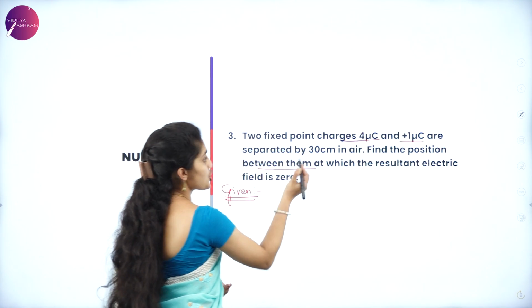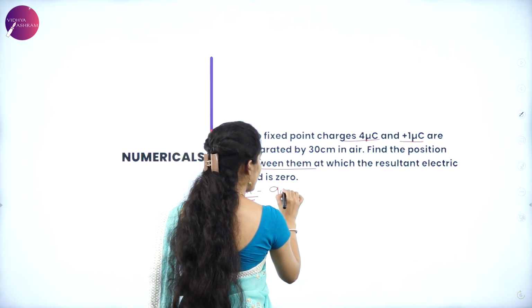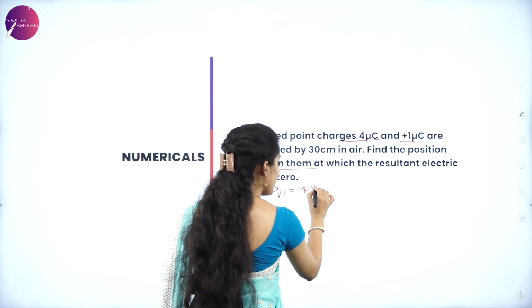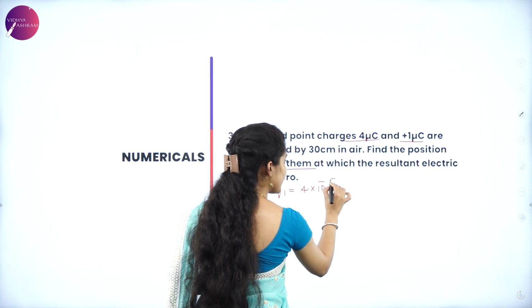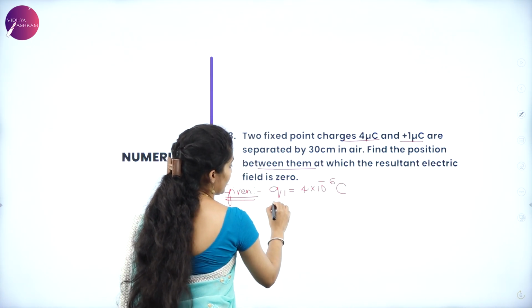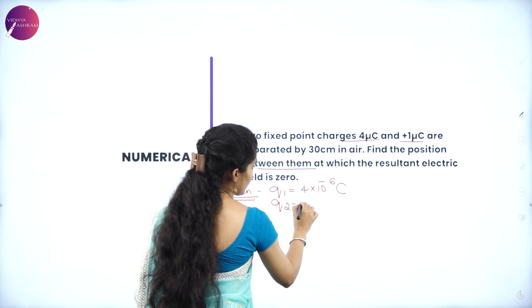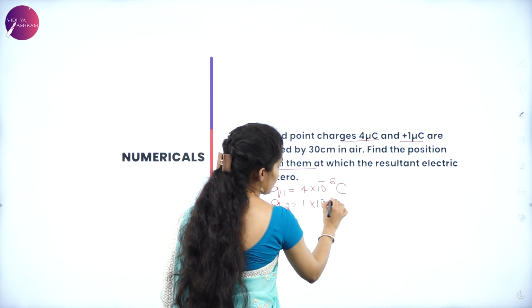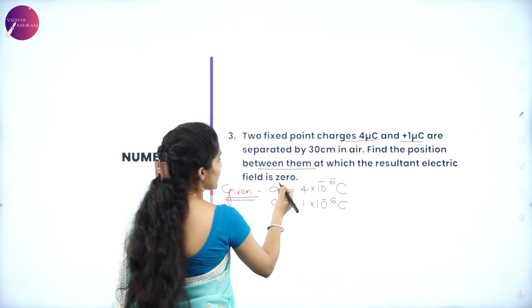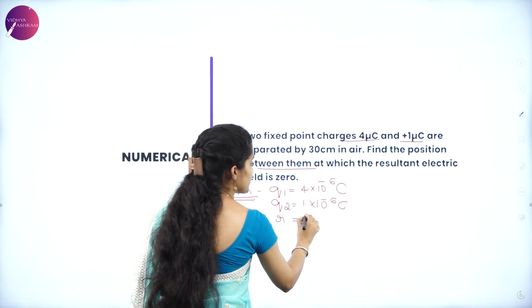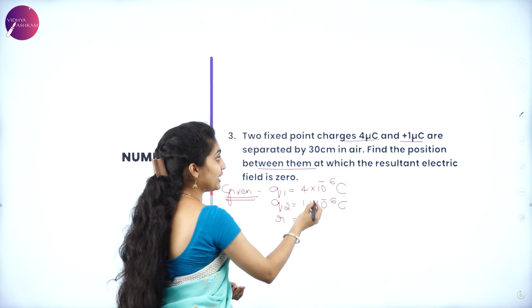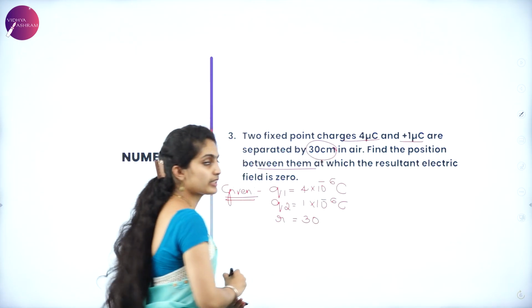Two fixed point charges, that is, let Q1 be 4 micro, means it is 4 into 10 to the power of minus 6 coulomb. Q2 be 1 into 10 to the power of minus 6 coulomb. These are separated by a distance of 30 centimeter, but we have to convert it to meter.